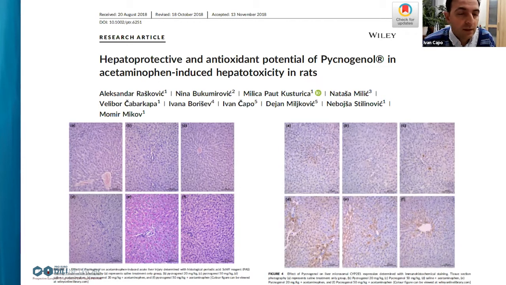In the last years, we added more immunohistochemical analysis, and sometimes immunohistochemistry can show us something which is not so obvious on standard hematoxylin eosin staining or some other histochemical staining.